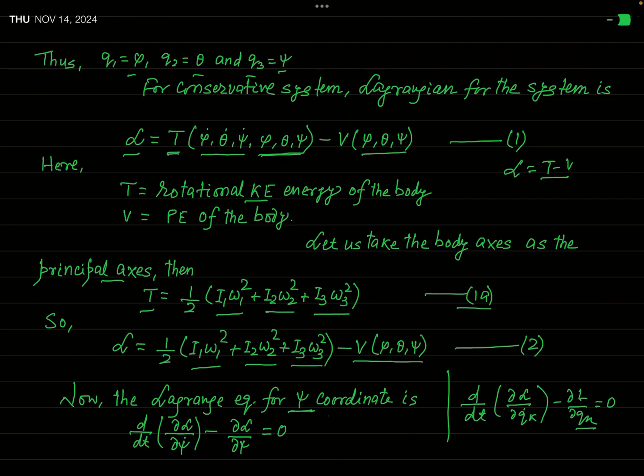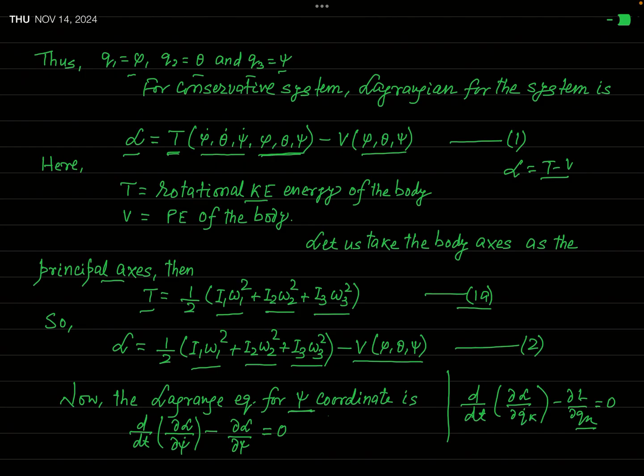You will see later on. After that, by inspection, by permutation, we can write the other two equations, because you have seen in my first video on Euler's equations that there are three equations for the three components of torque acting on the body along the three body axes or principal axes. So now let us write the Lagrange equation for coordinate psi.